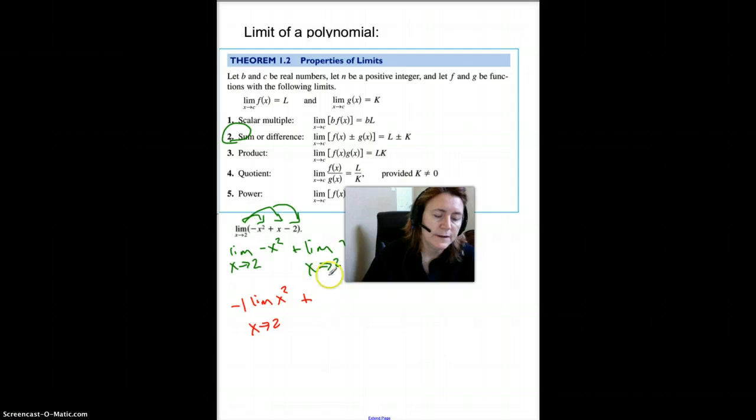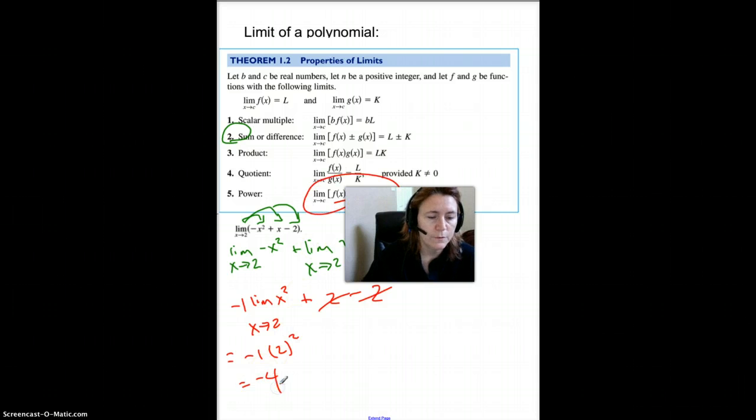The limit as x goes to 2 of x is just 2. And then the limit as x goes to 2 of 2 is just 2. Okay, so those are going to cancel. So this becomes -1 times 2 squared, because I'm able to apply my power rule, or -4.